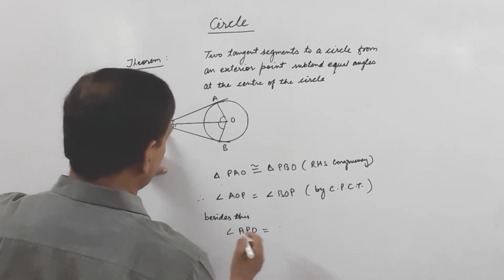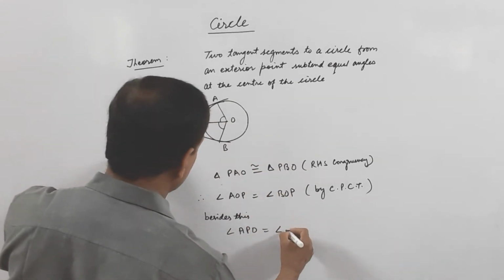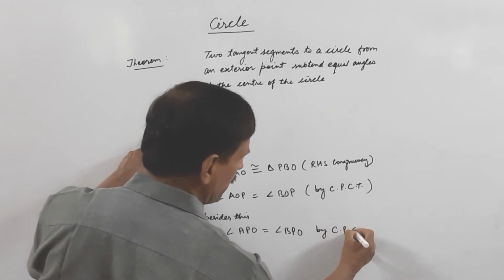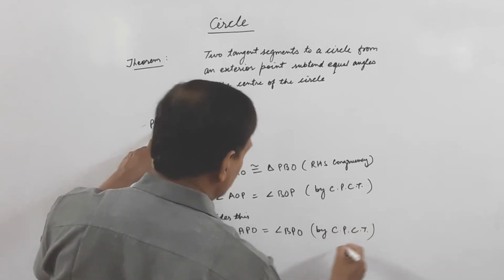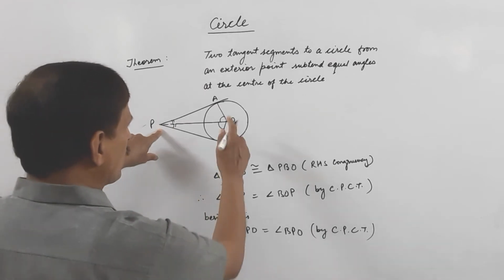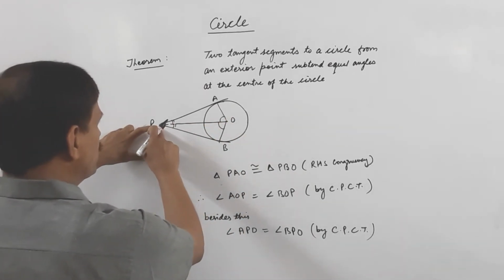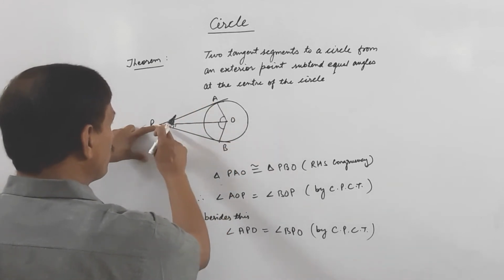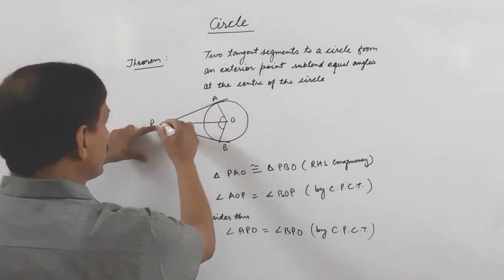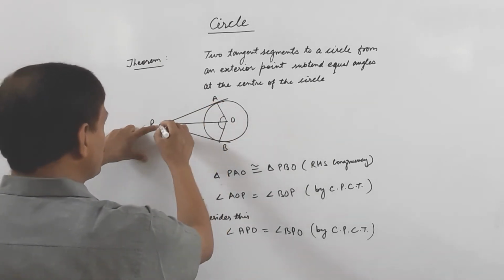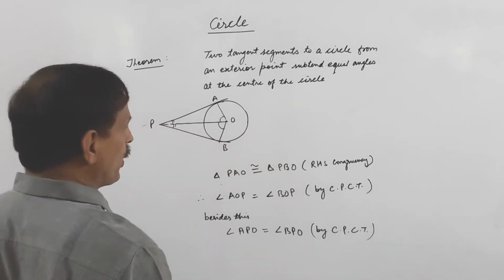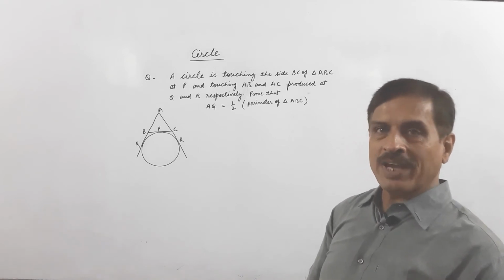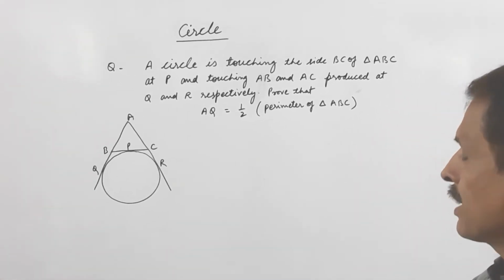Thus we can say the line joining center of the circle to an exterior point from where two tangent segments are drawn is the bisector of the angle formed by the two tangent segments at the exterior point. Now we will discuss some questions based on these concepts.